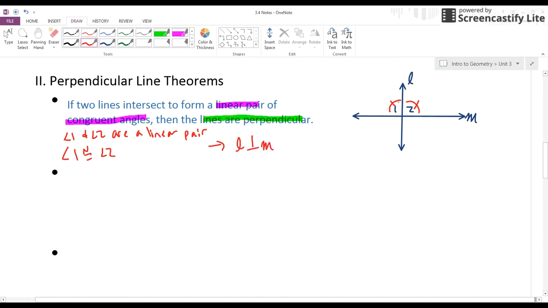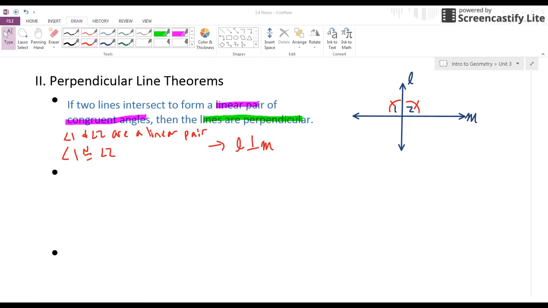All you have to do is remember a linear pair is supplementary, so they add up to 180. And since these two angles 1 and 2 are congruent, they've got to be 90. And by definition, L and M would be perpendicular since perpendicular lines intersect at 90-degree angles. So that's our first theorem.